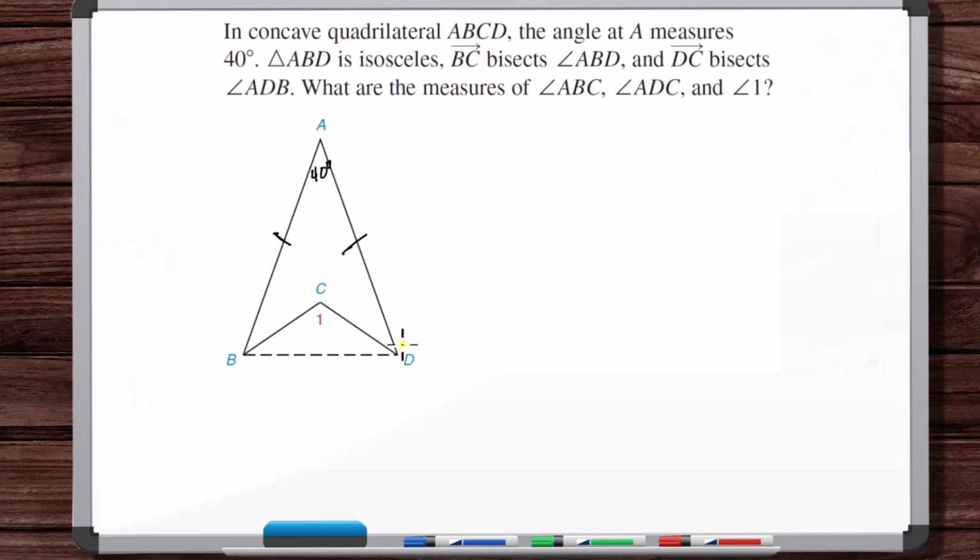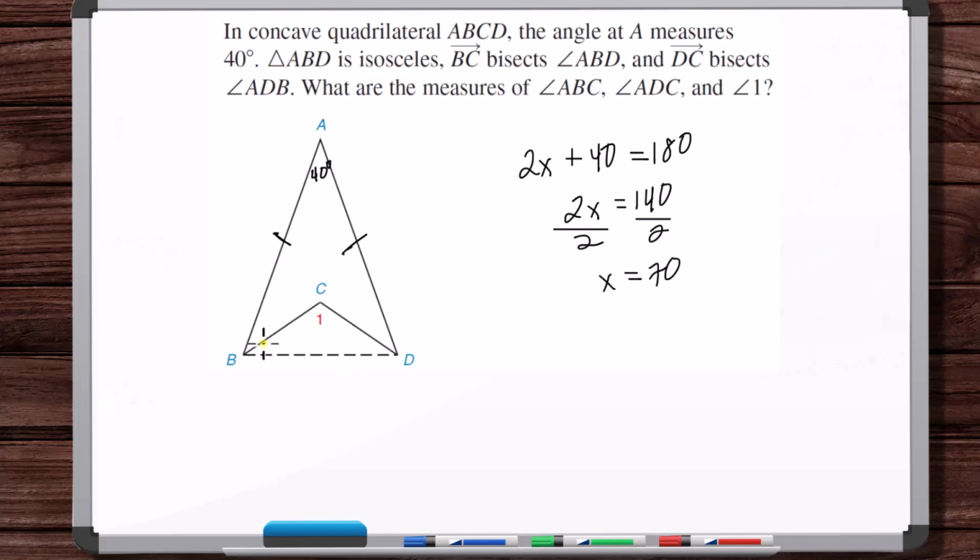So let's start by getting what these angles are. If this is x and this is x, then x plus x is 2x, plus 40 is equal to 180. So 2x is equal to 140, and x is equal to 70.